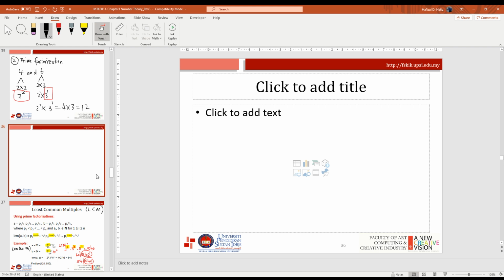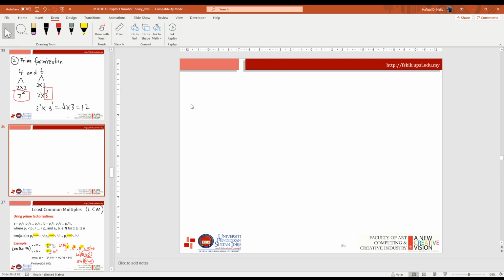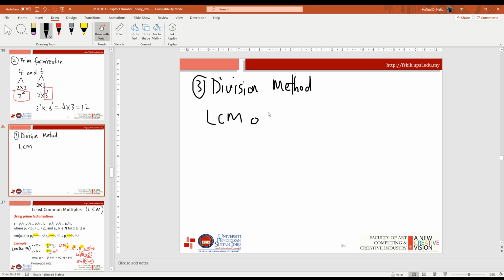Okay, and then the last one is using the division method. Okay, for the LCM, the third one is by using division. We have 4 and 6.